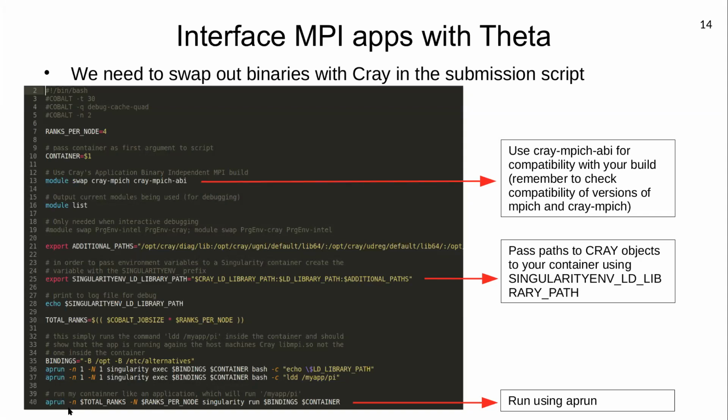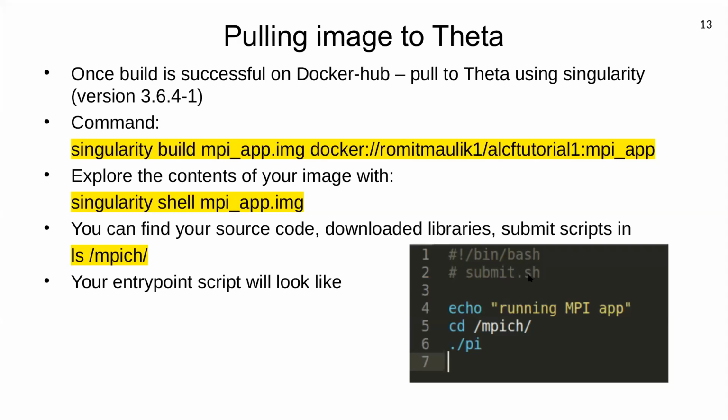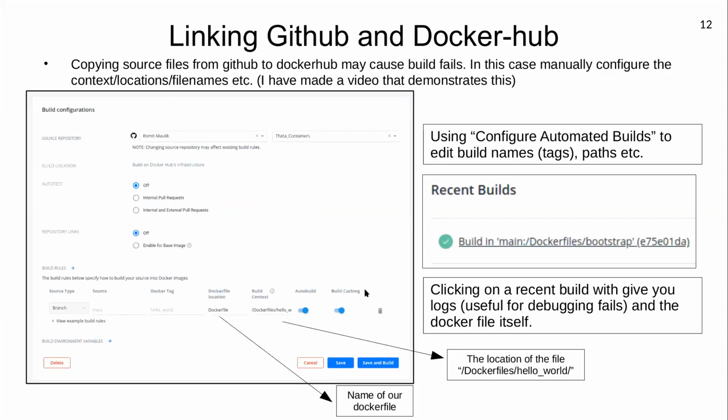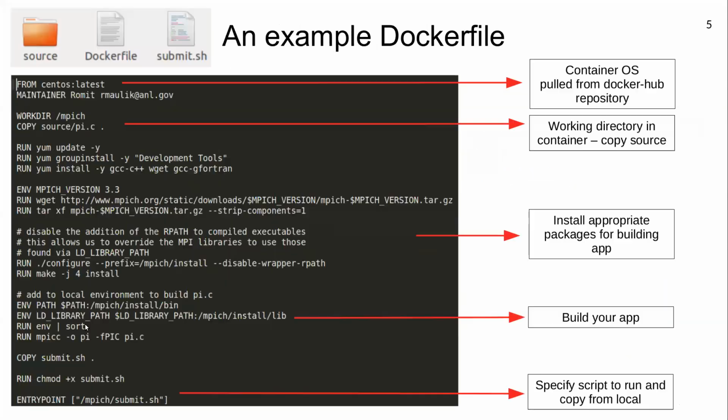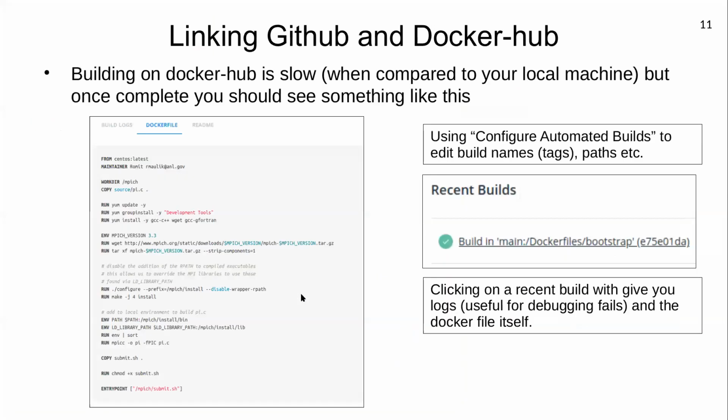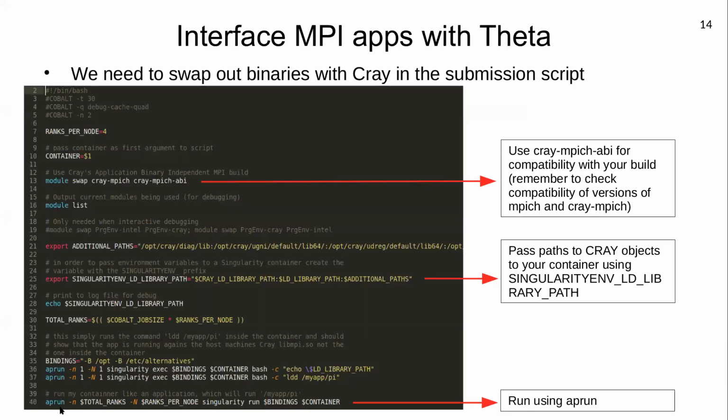What will you run in the container? You'll basically be running the submit.sh shell script, which was mentioned in the entry point keyword over here. So whatever you put in the entry point is what gets executed when you hit singularity run. Okay, so the final command is your aprun.